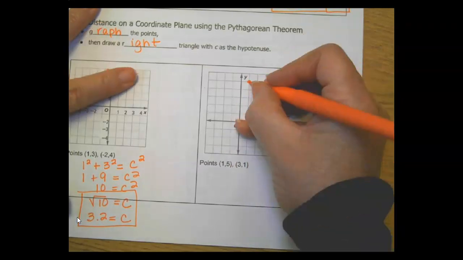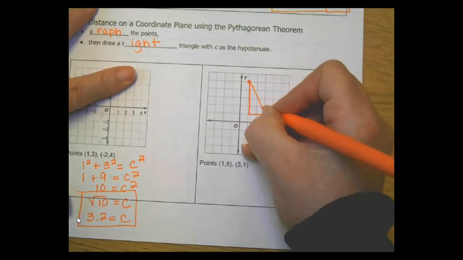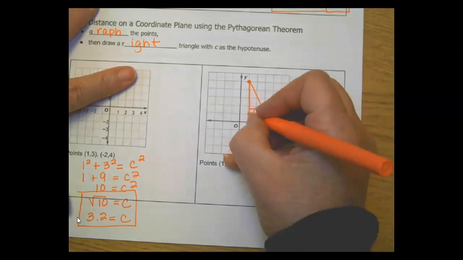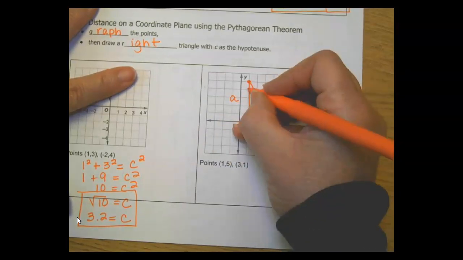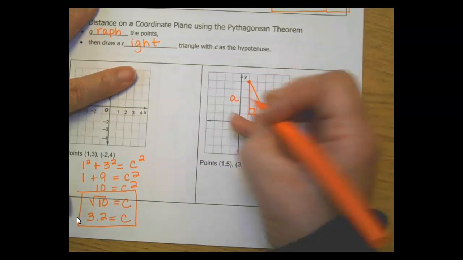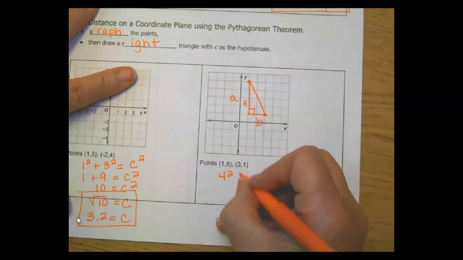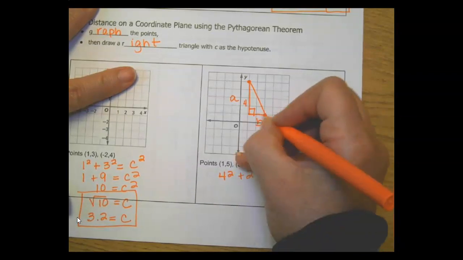Okay. I'm going down, over, just like that. So here's my right angle. This is my A, this is my B. If I count my A, that's 1, 2, 3, 4. So 4 squared plus 2 squared equals C squared. So that's 1, 2.